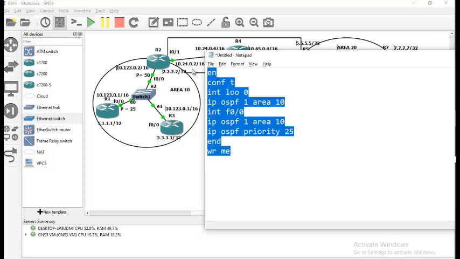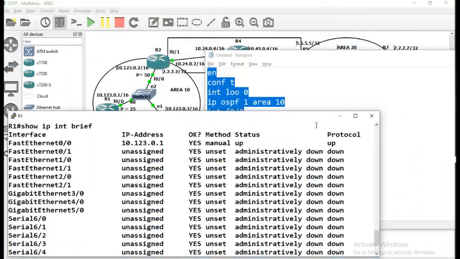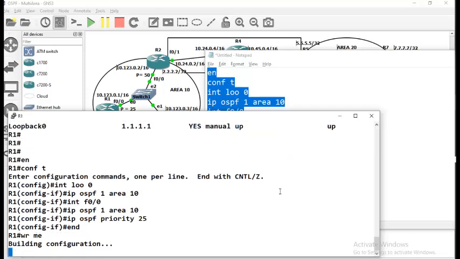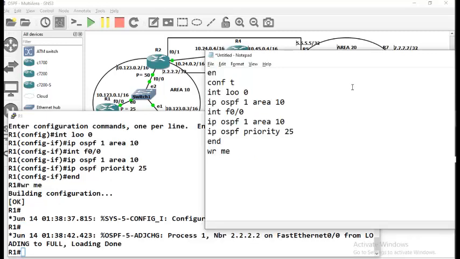And we'll paste this on router 1 now. Right, router 1 is ready.